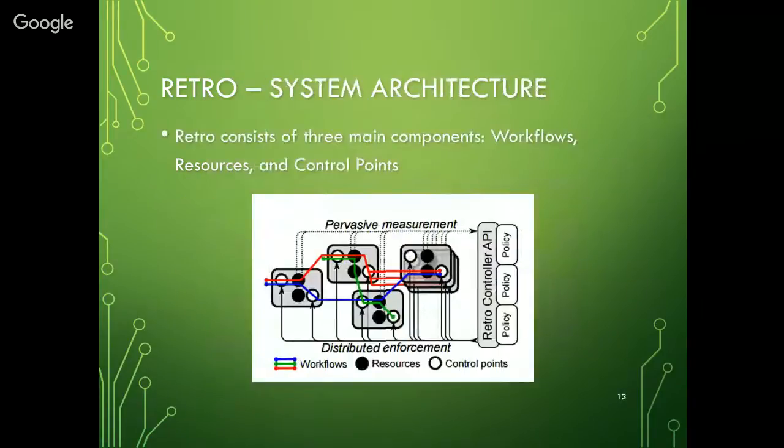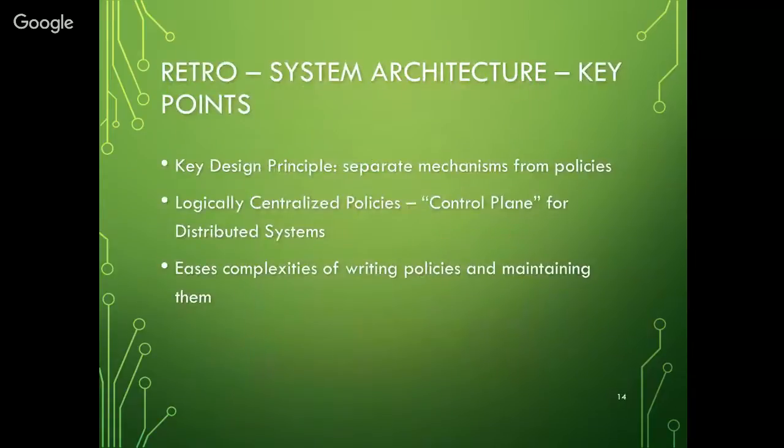As discussed earlier, these are the framework's main components, shown visually here: the workflows, the resources, and the control points. So what are some key points in this Retro system architecture? As we discussed earlier, the key design principle is to separate mechanisms from policies.